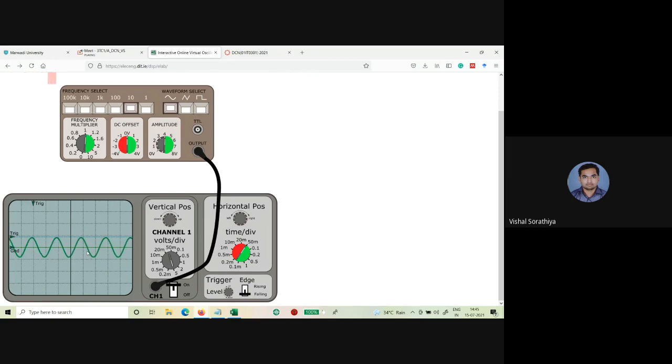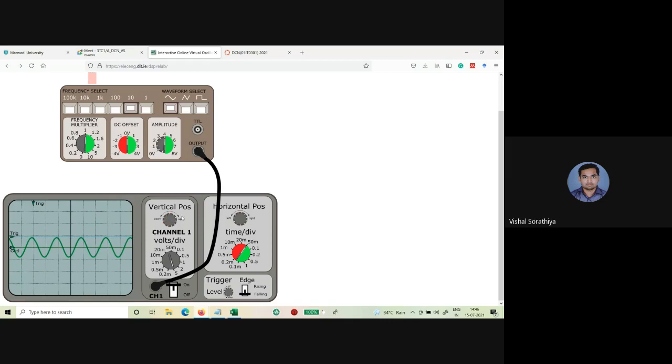As per the different amplitude, this voltage per division block you are choosing, you are simply changing the voltage per division value, but the voltage is as it is, 4 volt over here. So it depends on how many boxes you are giving for displaying the cycle. It is used for that.